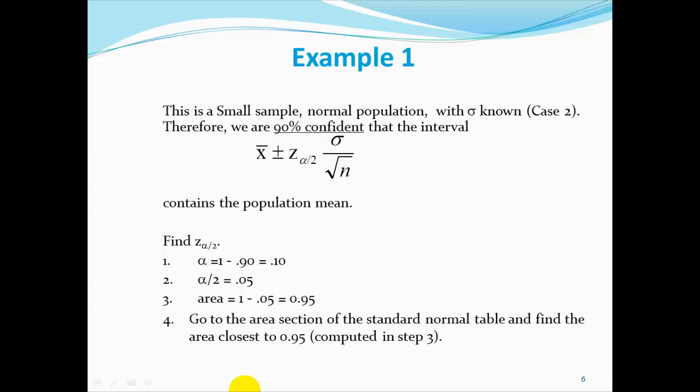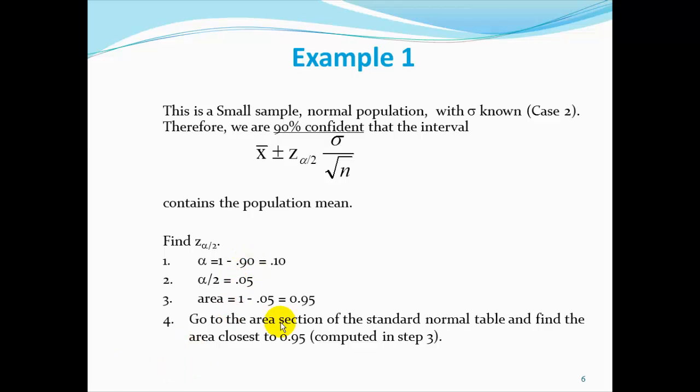In order to find z alpha, we start by computing alpha as 1 minus 0.9. We have 0.9 as our confidence coefficient because we are trying to construct a 90% confidence interval. So alpha for this case is equal to 0.1.